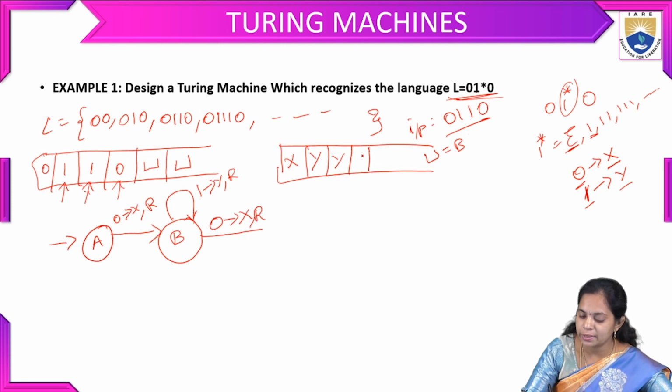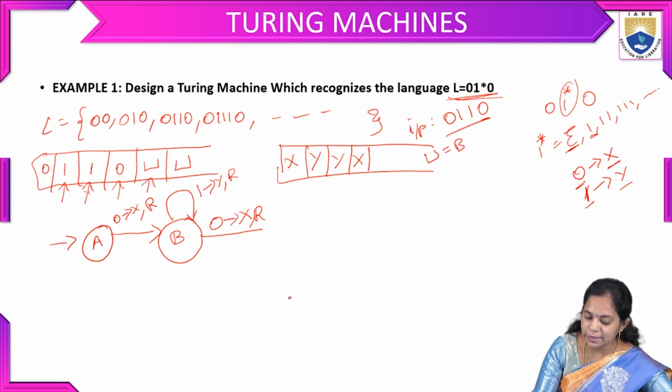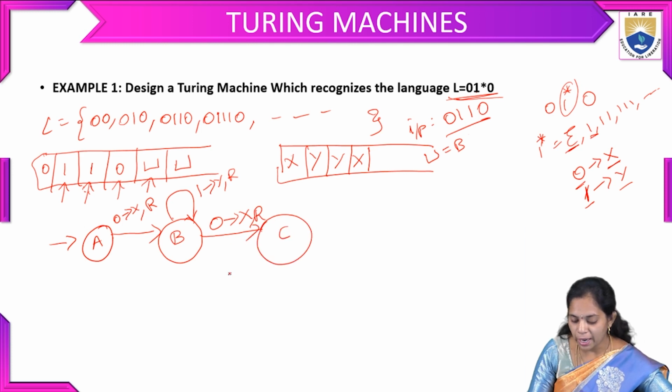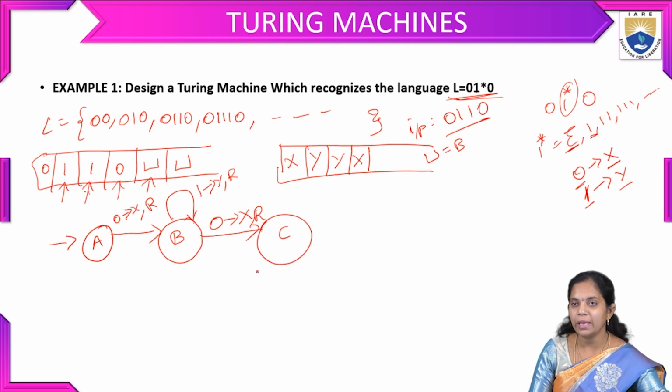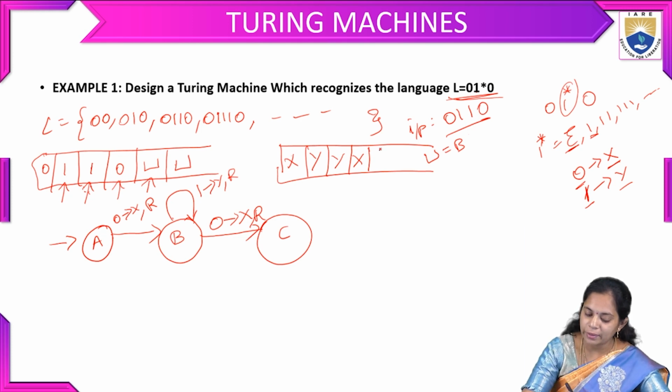So here X is written and the header is moved here. In this case, we have to take another state, and in this state we have the empty symbol, that is, the blank symbol.